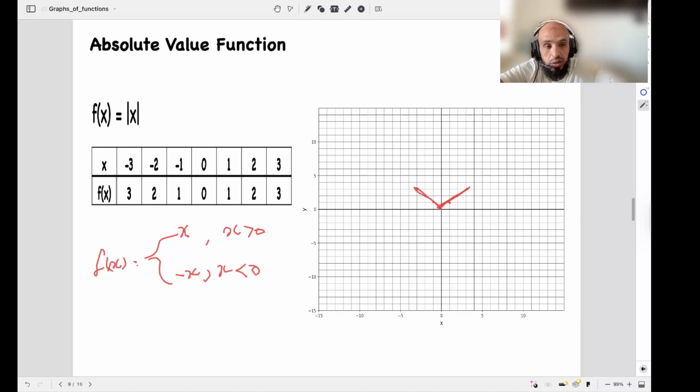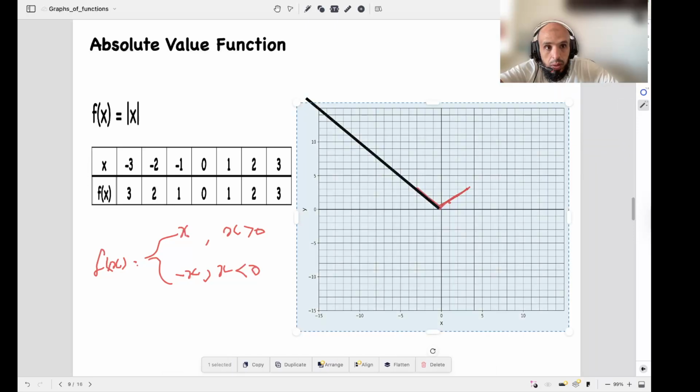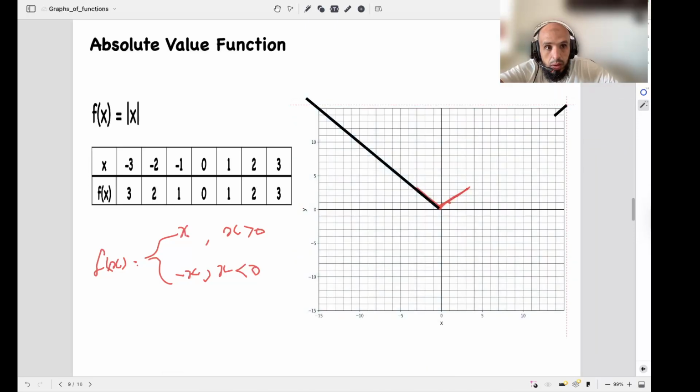And if we extend the lines in both directions, it will look like this.